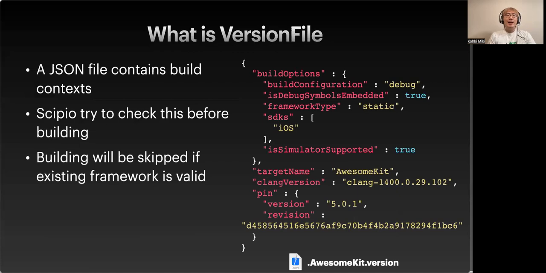The version file is in JSON format, which stores build context like compiler version or build options used when the XCFramework was built. This allows Scipio to know whether an existing XCFramework is the same as the one it is going to build.